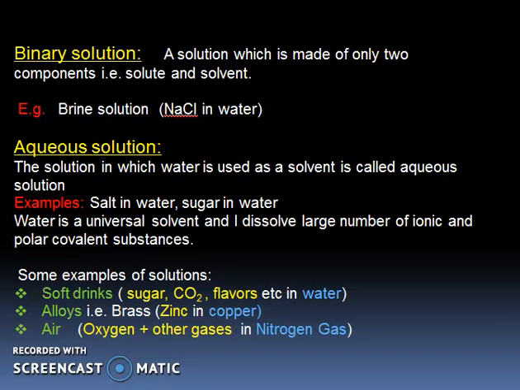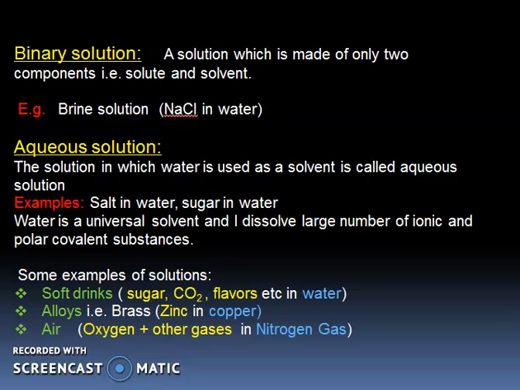Another term related to solution is aqueous solution. Aqua means water, so those solutions in which water is used as a solvent are known as aqueous solutions. The given examples are salt and water, sugar and water.